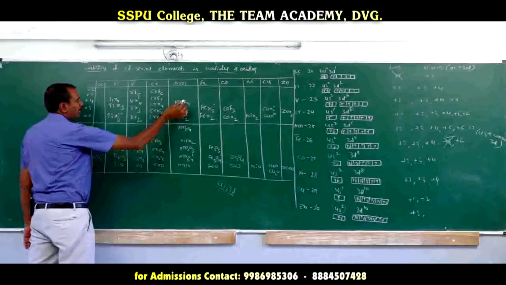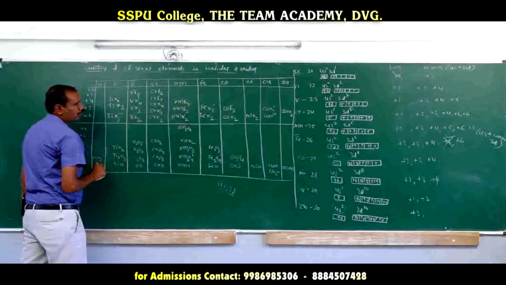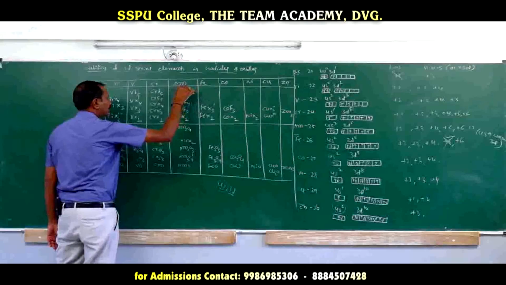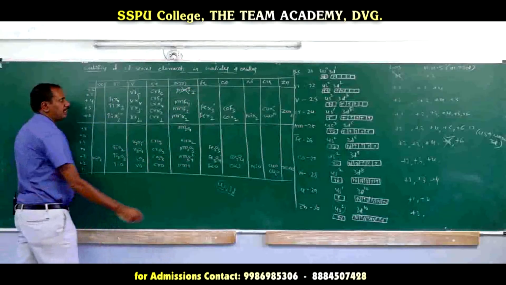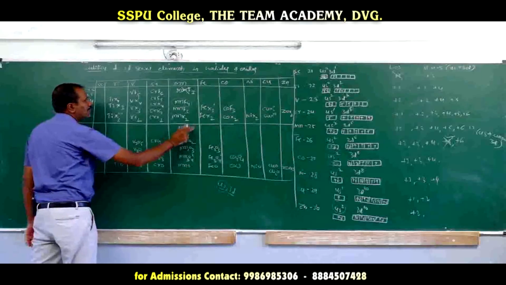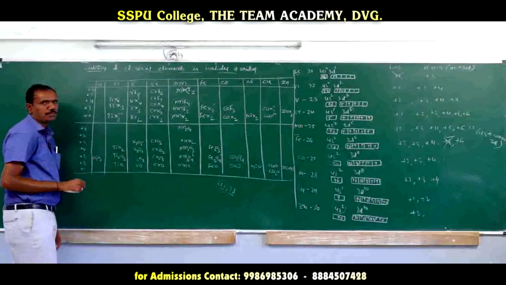So that is why in case of halides, we can write MnF4 only, but we can't write MnF7. But the same plus 7 oxidation state can be written in its oxide form, but not in halide form. It is unstable, but the oxide is a more stable compound.